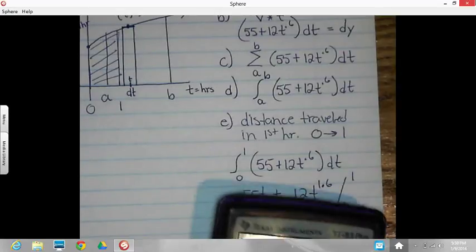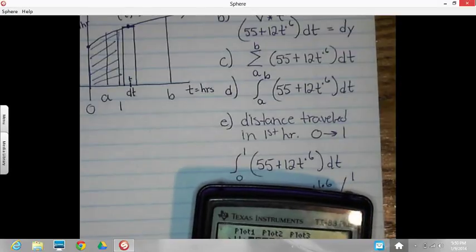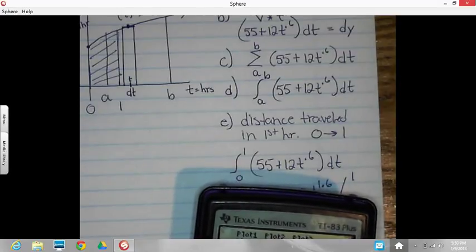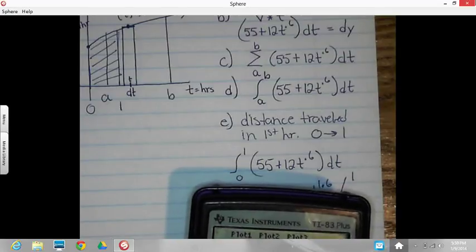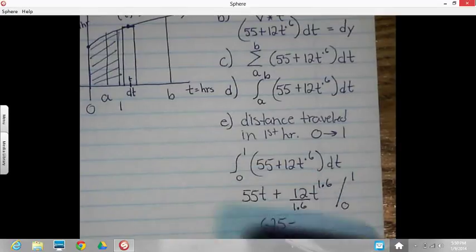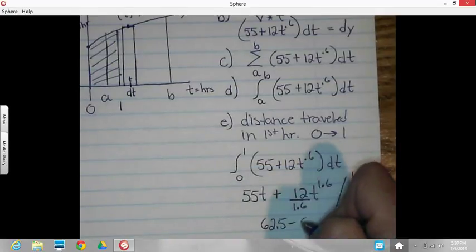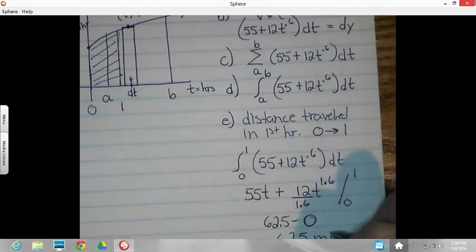Dang it. 55x plus, okay, I'll try that again. Okay, minus 0. Now I got it right. So what that means is I traveled 62.5 miles in that first hour.